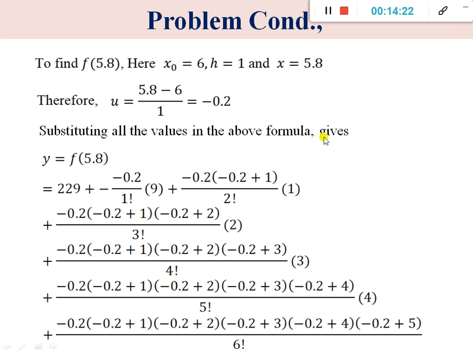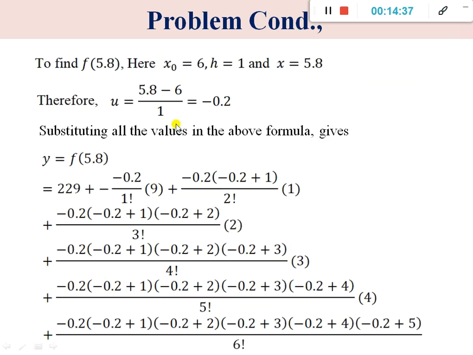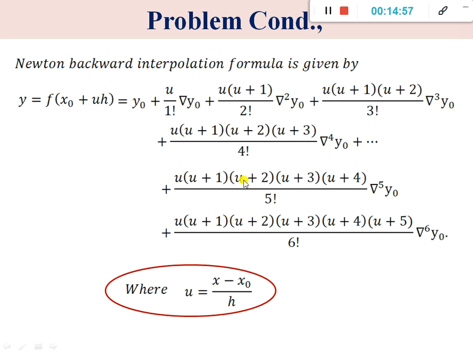Now substituting all those values into the above formula, we get y is equal to 229, this is y naught, plus u into delta y naught, where u is minus 0.2 and delta y naught value is 9, plus u into u plus 1 by 2 factorial into del square y naught, plus u into u plus 1 into u plus 2 by 3 factorial into delta cube y naught.